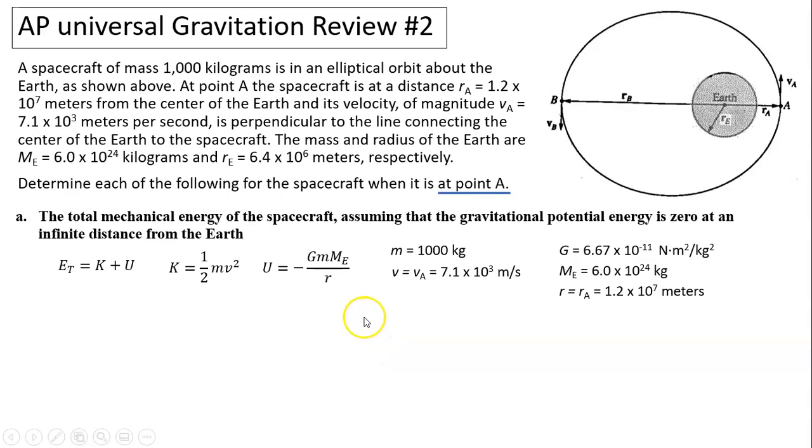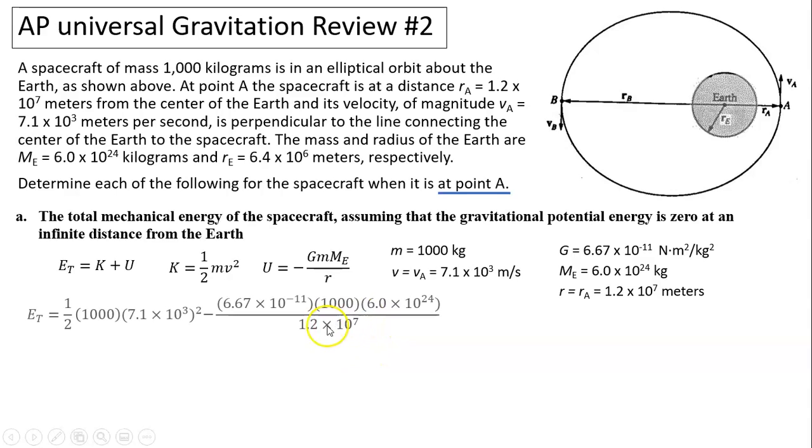Make sure you have your units at the end of the value. So here is ET, and your value should be negative 8.1 times 10 to the 9 joules. It's negative because at infinity the gravitational energy is 0, so anything below that should have a negative value.